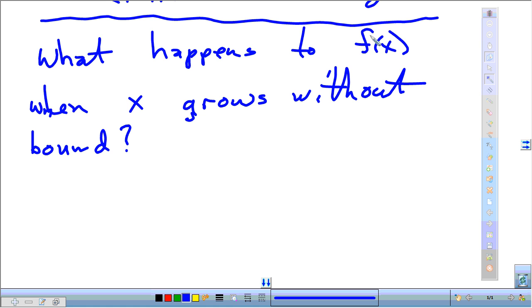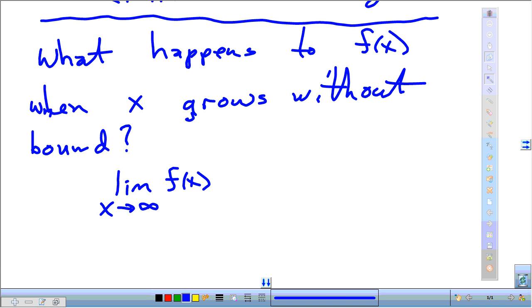Then what happens to the heights, or the f of x, the expression? We can write that as the limit as x approaches infinity, meaning x becoming larger and larger without bound, of the expression f of x. That will be our notation. So we can make sense out of that.